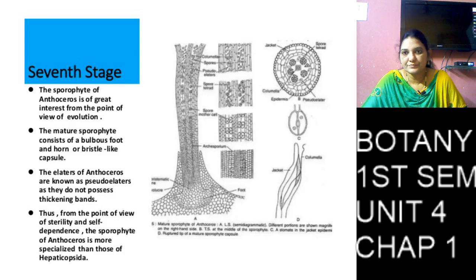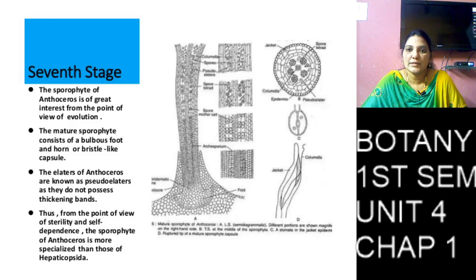Next, in between the columella and epidermis, spore mother cells are present, 50% fertile and 50% sterile. The 50% sterile mother cells are converted into pseudo-elaters.